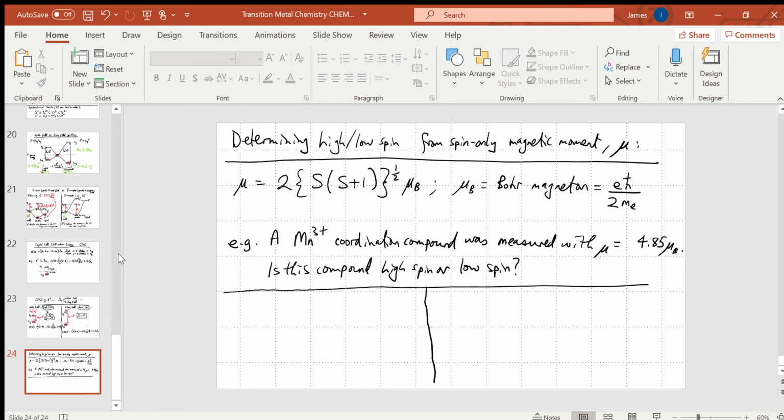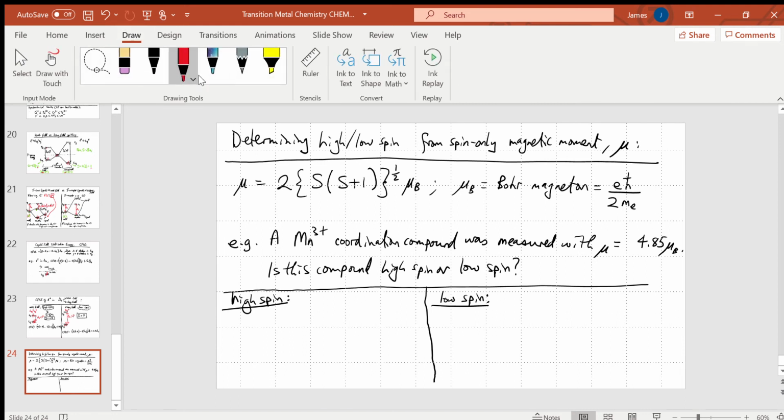Well, let's look at the contenders. So let's say it's high spin, and then let's look at low spin. If it's high spin, well, first of all, manganese 3+ is a d4 complex.